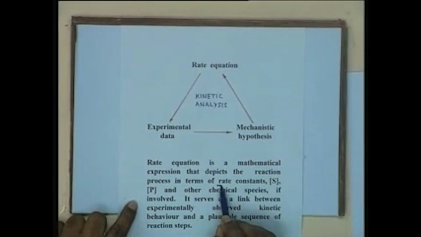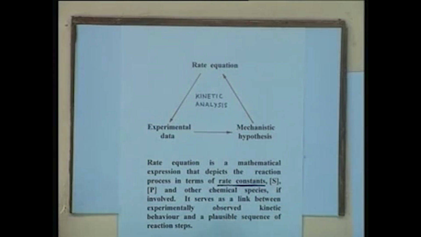In very simplistic terms, the rate equation is a mathematical expression that depicts the reaction process in terms of rate constants. We must appreciate that the rate equation has a new dimension in terms of rate constants. A large number of rate constants might be involved depending on the number of reaction sequence steps, and of course substrate, product and other chemical species if involved.